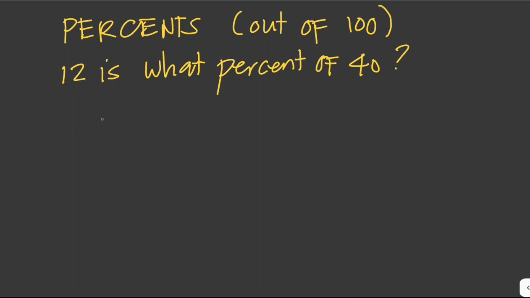So you can write this as 12 is X percent of 40. So X percent of 40 is equal to 12. So you can just divide both sides by 40 and you can get the percentage.